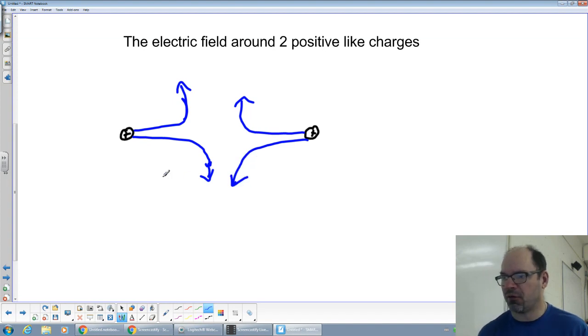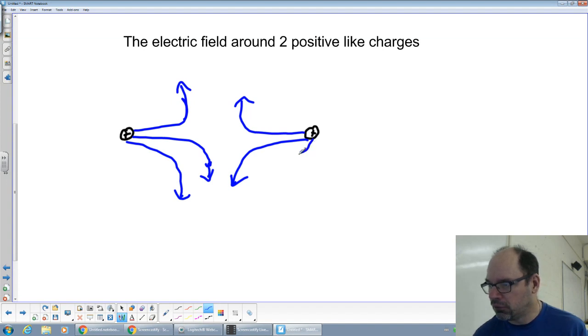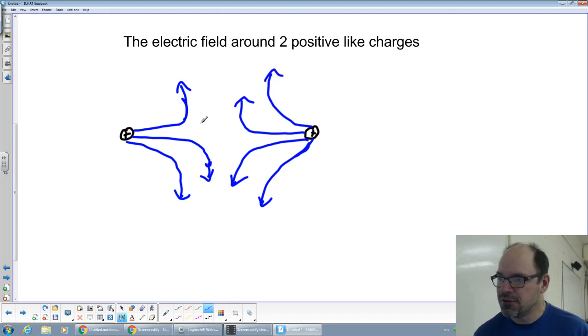Maybe a little more symmetrical than what I've got here. Not as much angle as the last one when you get out like this. They're showing a repulsion between the two. And then over here on this far side, these just go out and away like this.